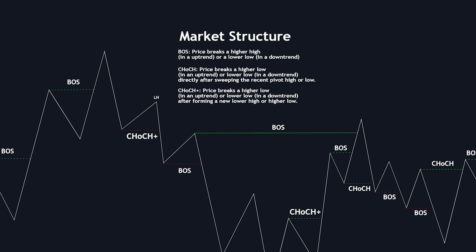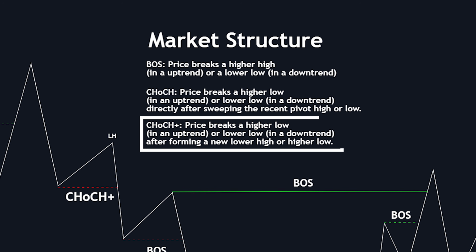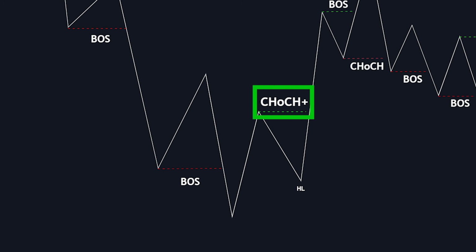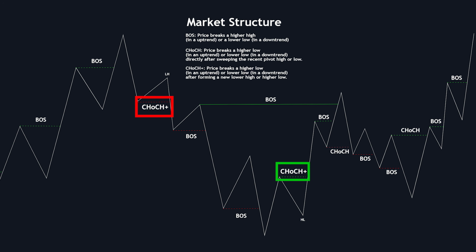However, in the price action concepts indicator we're about to fully cover here, we have added the ability for the indicator to also detect when the market forms a higher low first and then breaks the bearish structure, which is marked as CHoCH plus, meaning it's just a more confirmed change of character or a better reversal signal.